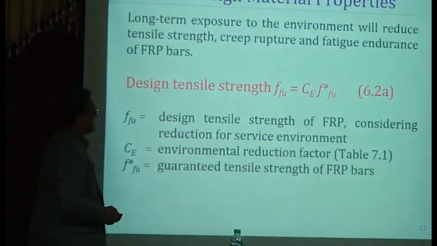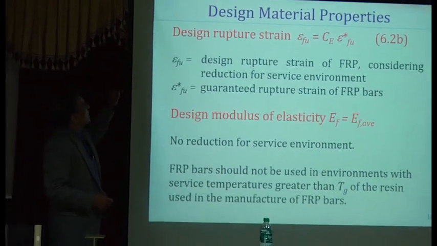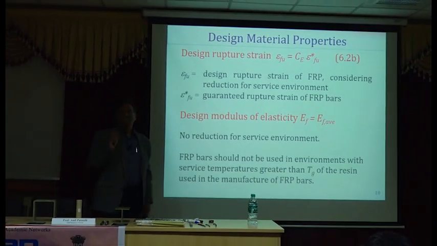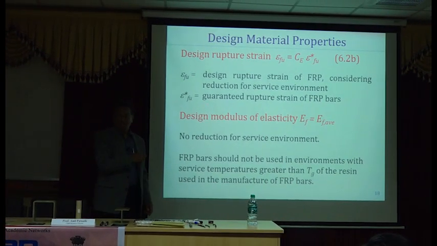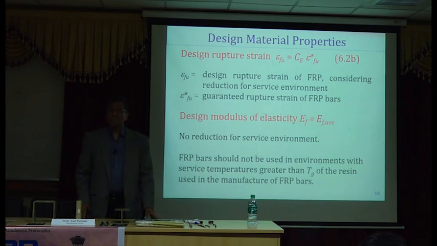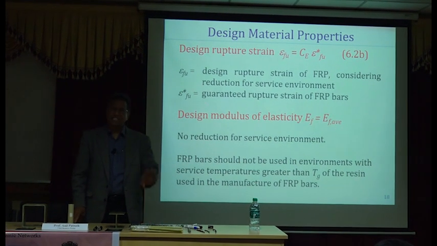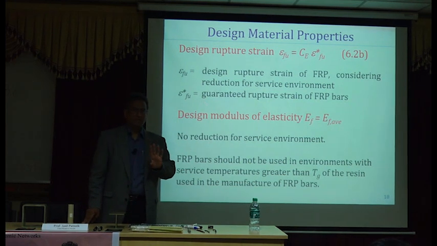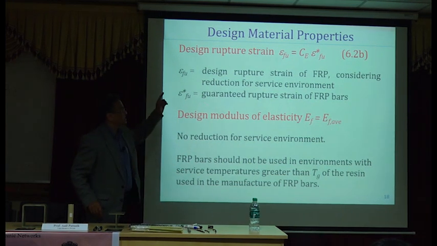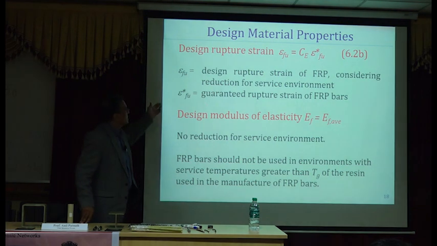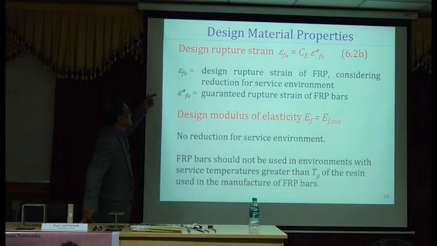For strain also, we will use strain as a basis for design in FRP. In case of steel design, we don't normally use strain as a basis except for earthquake resistant design. Only in earthquake resistant design do you talk about strain based designs.